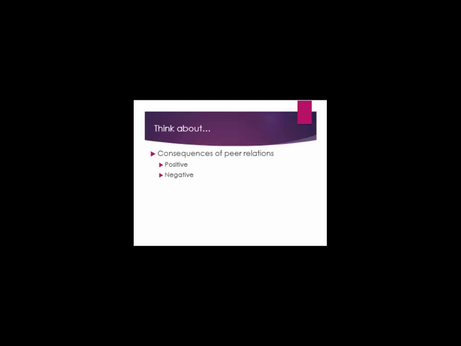Peer rejection in middle childhood is strongly associated with poor school performance and antisocial behavior, even delinquency in adolescence, and criminality in early adulthood. Compared to popular children's parents, those of rejected children are typically inconsistent in their discipline. They're not warm. They're not loving. Ultimately, they have children who are basically just imitating their behaviors.